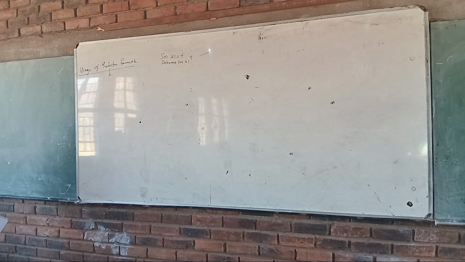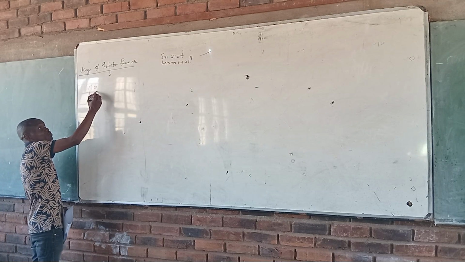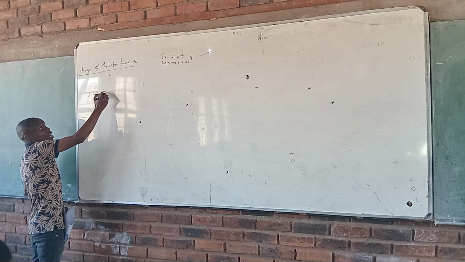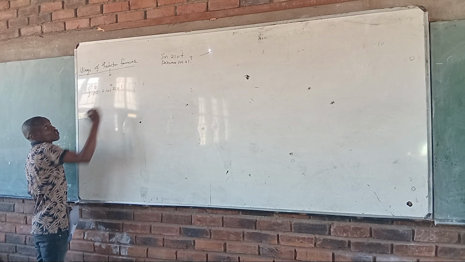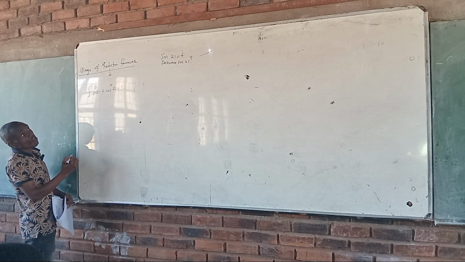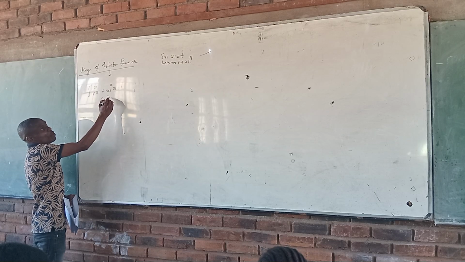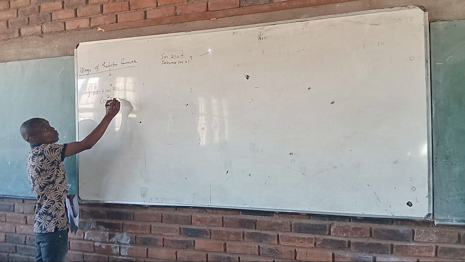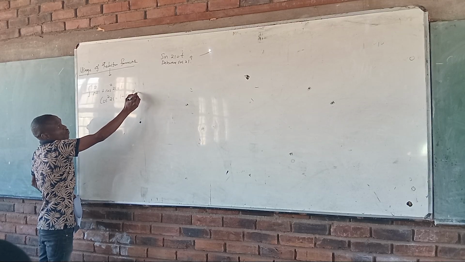Okay, if you are using the square identity, you are going to do this. You're going to say sine squared 21 plus cos squared 21 is 1. It's a square identity. Now, try by all means to make cos 21 the subject of the formula.